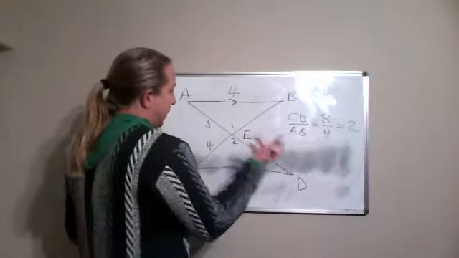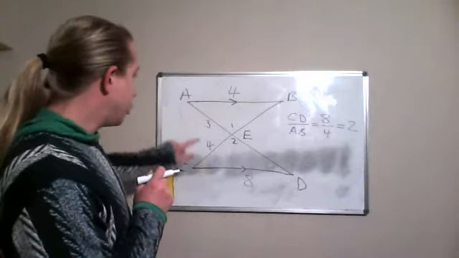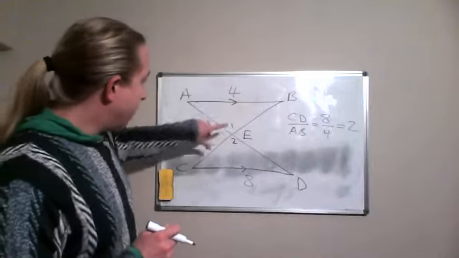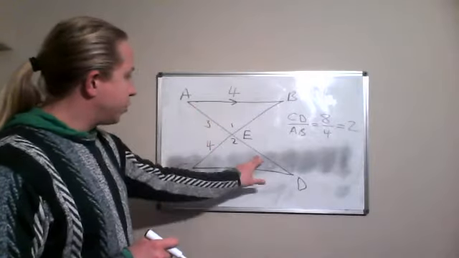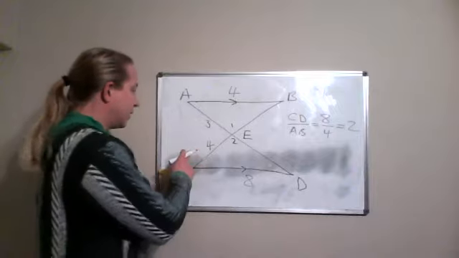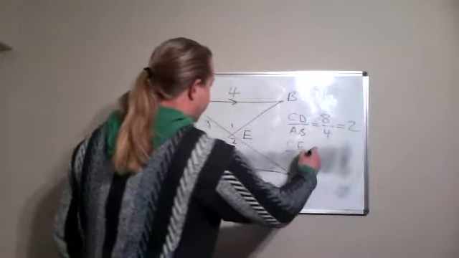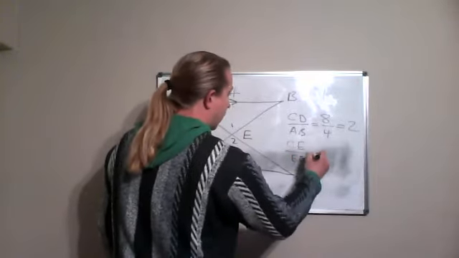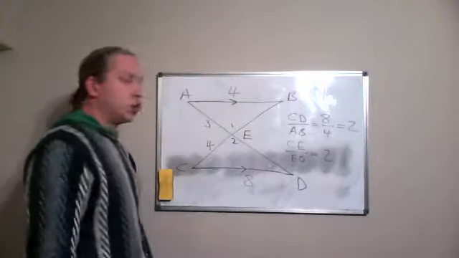Let's figure this out. Which angles are the same? This angle and that angle are the same, so this side corresponds to that side, and this side corresponds to that side. So we have side CE over EB equaling the ratio we got before, which is 2.